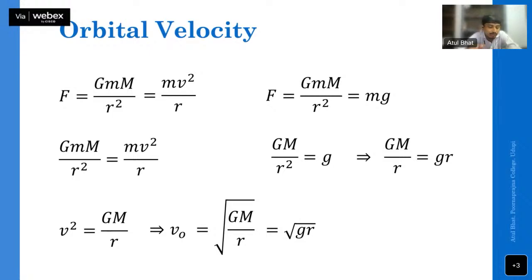For any planet, if you know the acceleration due to gravity g, then you can find the orbital velocity at some distance where you want to put the object in orbit. You just multiply r into g and find the square root, and that is the minimum velocity required by the object to go into an orbit.